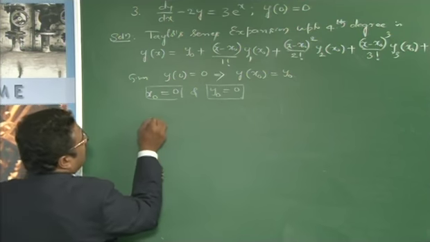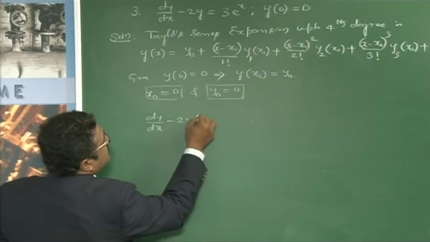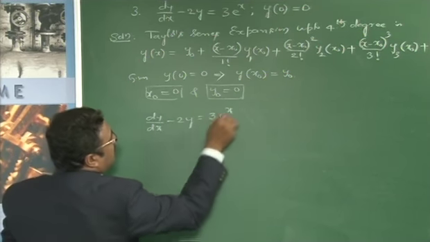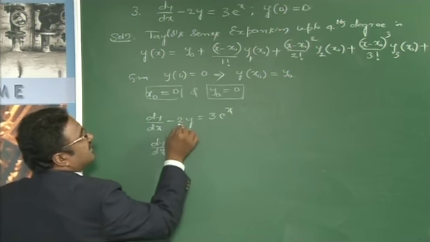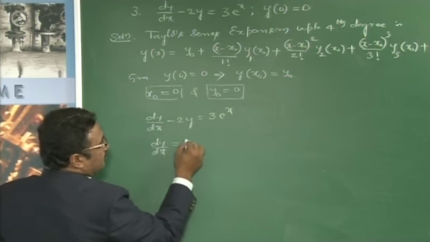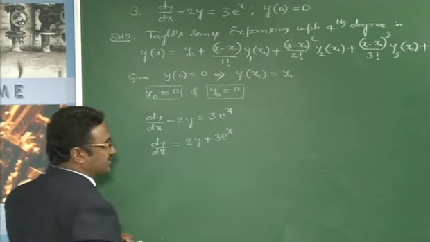And your first order derivative, you should write in this form: dy by dx equals 2y plus 3 into e power x.